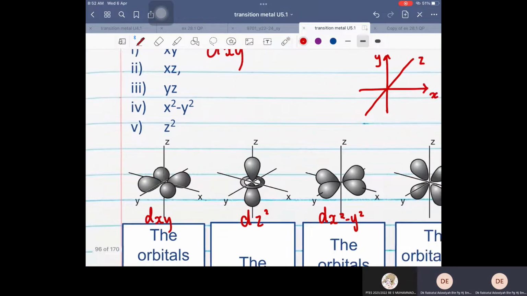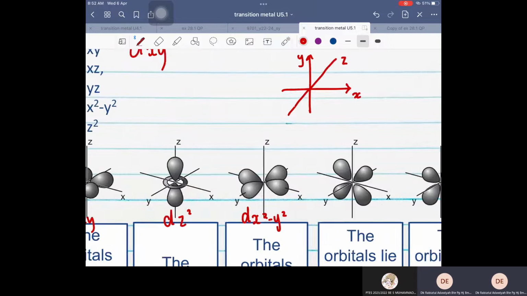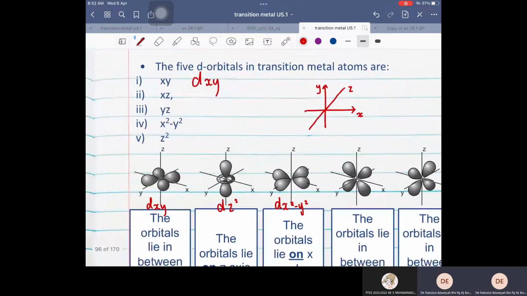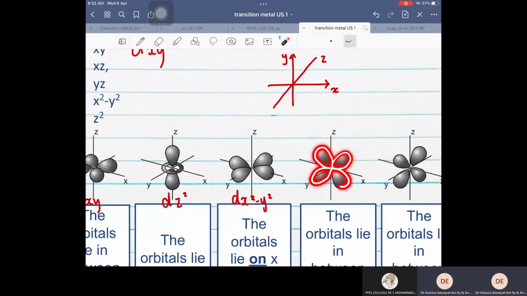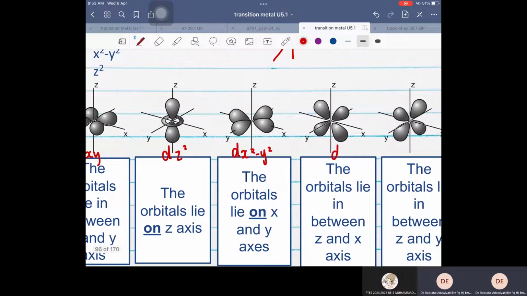Okay. Diagram number 4. Looking at these orbitals, they are sitting between z and x. You see that? The x and z axis. So this is the dxz.